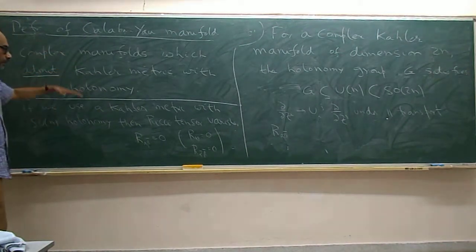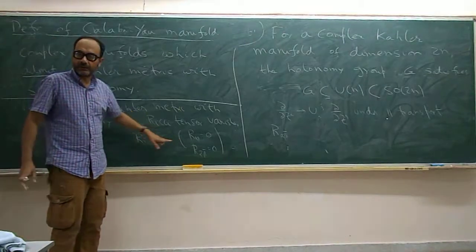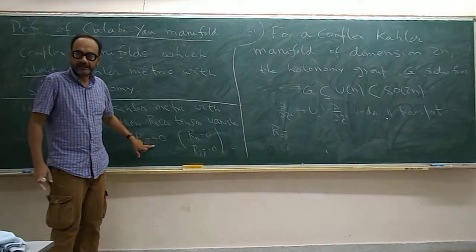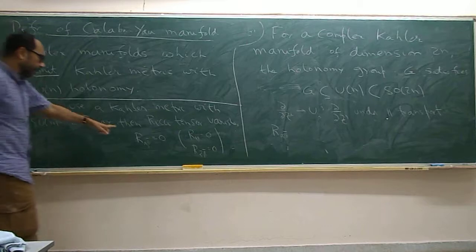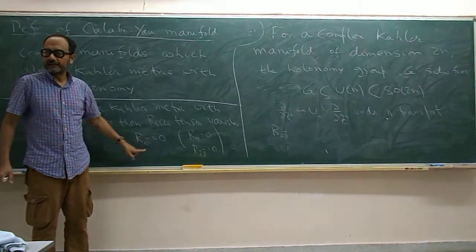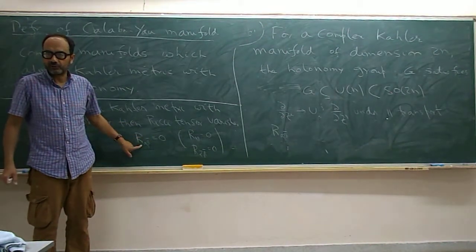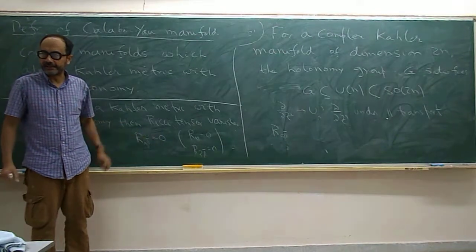What one can show is that whatever the modification of Einstein's equation, as long as your initial manifold is Calabi-Yau, namely it admits a Kähler metric with SU(N) holonomy, you can systematically correct it. So the metric is no longer the metric of SU(N) holonomy, but you can systematically correct the metric to nevertheless provide a solution to the string corrected Einstein's equation.